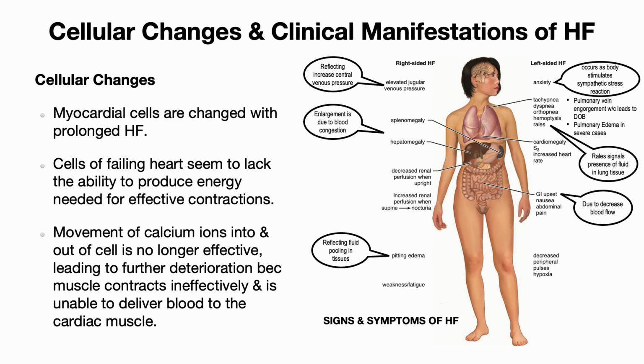difficulty breathing when lying down. So that is orthopnea. Orthopnea occurs in the supine position when the pattern of blood flow changes because of the effects of gravity, which increases pressure and perfusion in the lungs. Orthopnea is usually relieved when the patient sits up, thereby reducing the blood flow through the lungs.